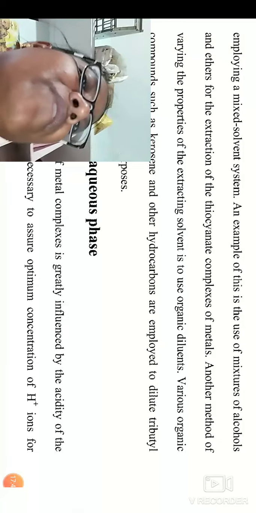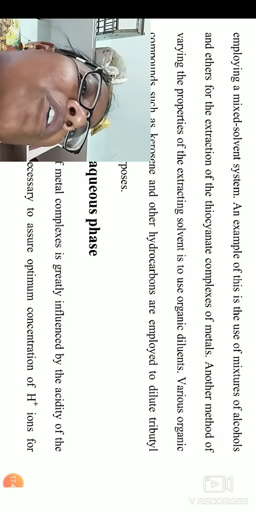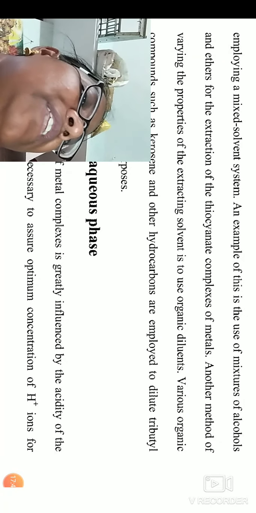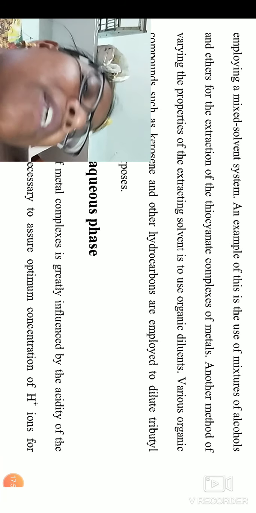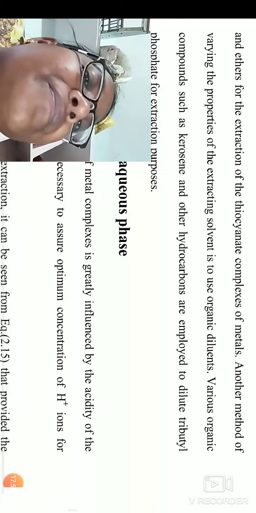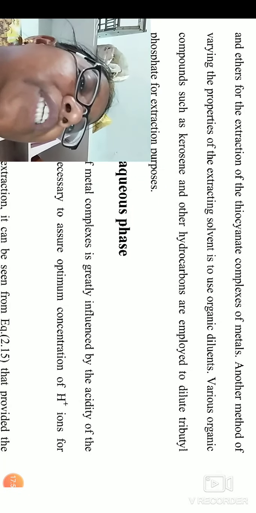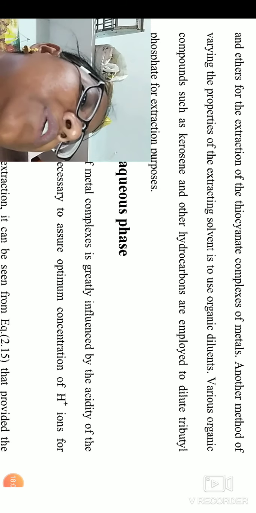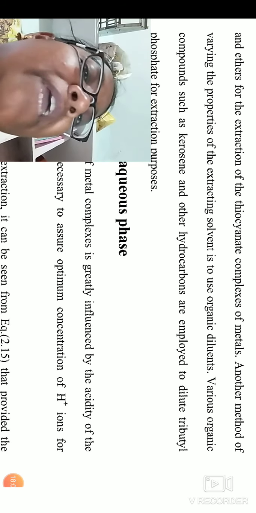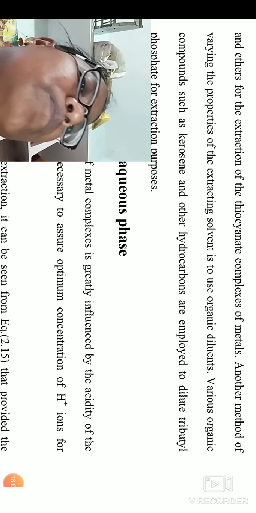Another method of varying the properties of the extracting solvent is to use organic diluents. Various organic compounds such as kerosene and other hydrocarbons are employed to dilute tributyl phosphate for extraction purpose.